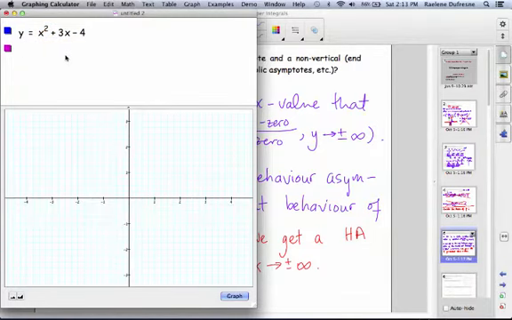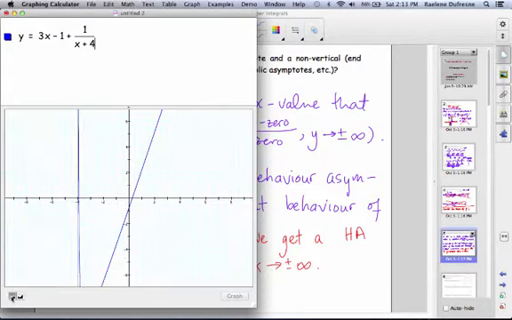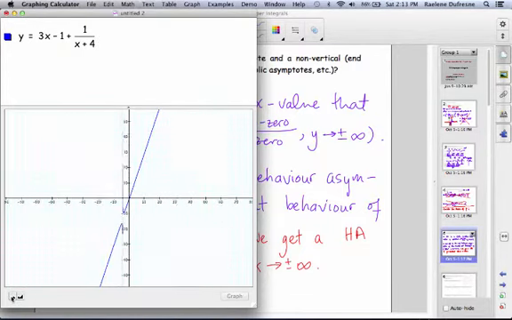In the case of rational functions, let's say y equals 3x minus 1 plus 1 over x plus 4, we do have a vertical asymptote at x equal to negative 4. But if we zoom out, eventually we see that this graph looks like a line.